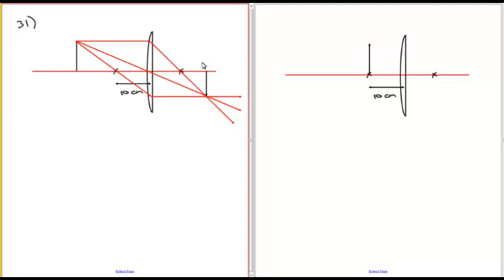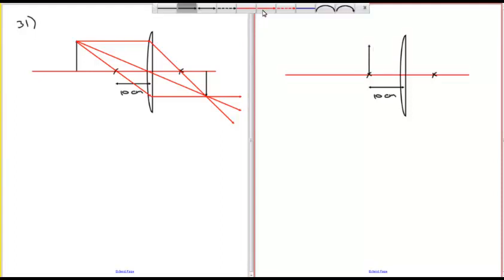Let's do the second one. This may not work out perfectly because I didn't exactly place the focal length. This one goes through the focal point. This one goes straight through the middle.